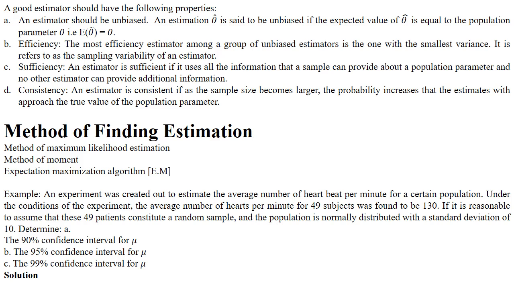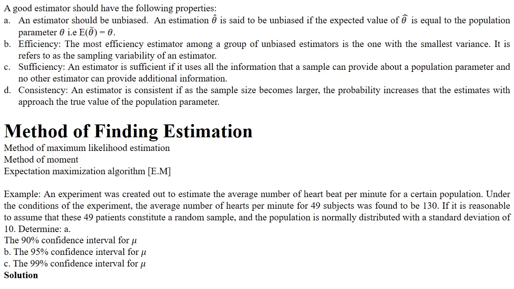Now, an example. An experiment was carried out to estimate the average number of heartbeats per minute for a certain population. Under the conditions of the experiment, the average number of heartbeats per minute for 49 subjects was found to be 130.